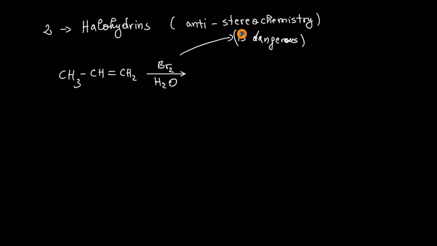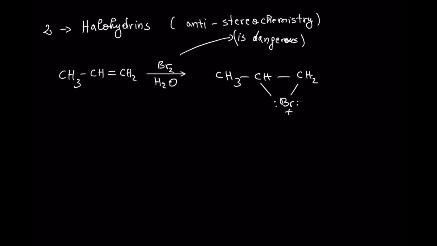It occurs with anti stereochemistry, so on the opposite faces of the double bond. First we have the formation of a bromonium ion, like with the addition of bromine and chlorine.